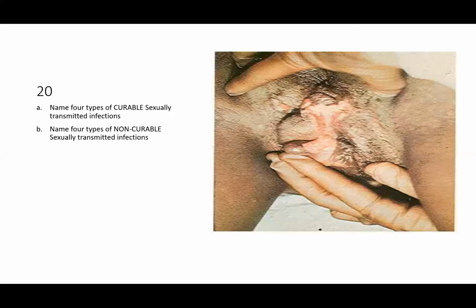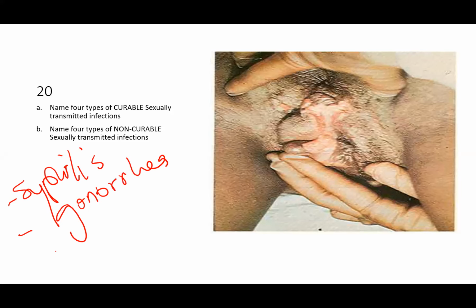Okay, name 4 types of curable sexually transmitted diseases. Curable, okay? And the second question says non-curable sexually transmitted diseases. The curable ones include syphilis, two, gonorrhea, chlamydia, okay.